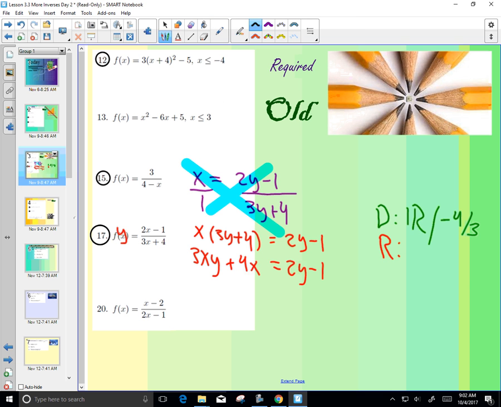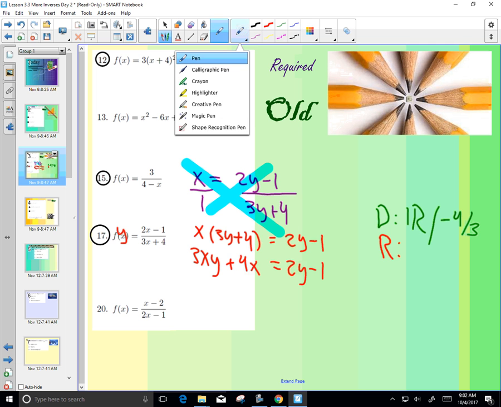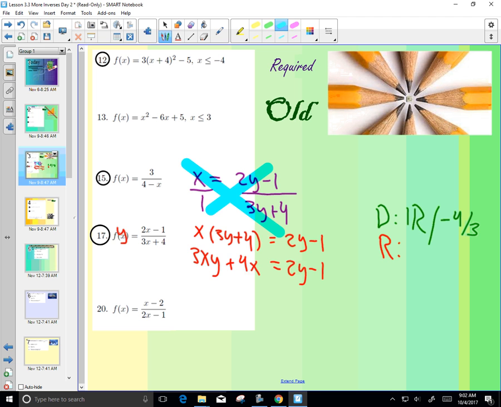Put the ones that have y's together. And the ones that don't have y's, put them on the other side. So I'm going to have negative 4x minus 1 on this side and 3xy minus 2y on this side.